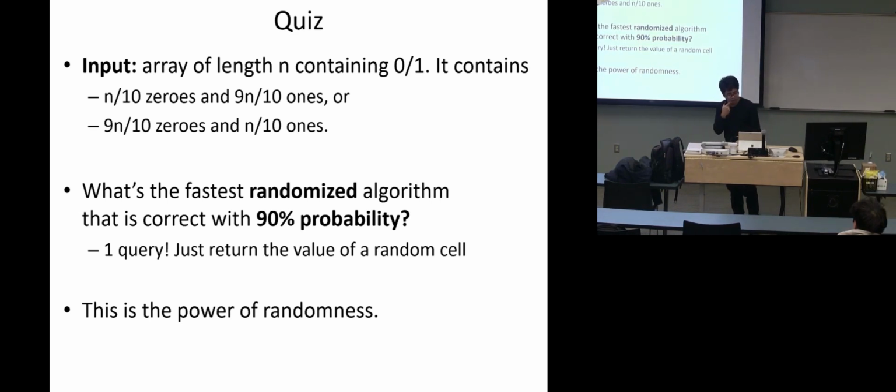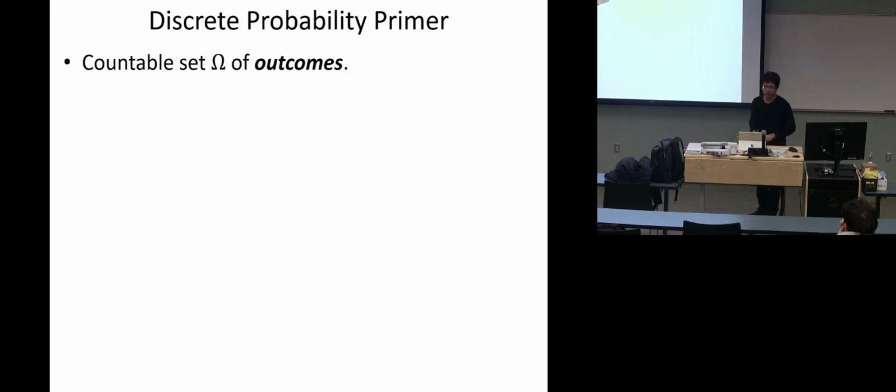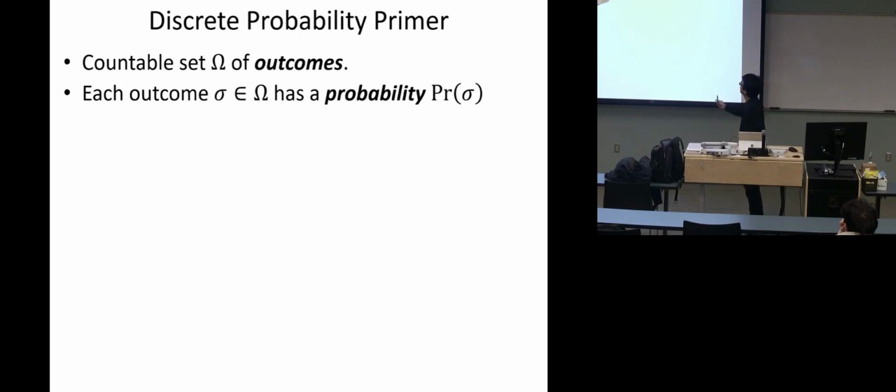To talk more about this, we need some more basic probability background. I'm going to flash through this concept quite quickly because I assume you have seen it before. The setting is that there's a set of outcomes, and for each outcome sigma in omega, each outcome has some probability associated with it, the probability of sigma.